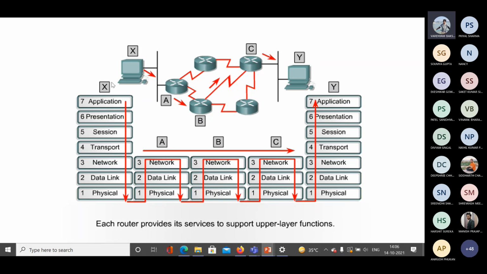So the packet from X moves through all the routers. Sorry, here we can see that it is a 7-layer representation, not the 5 layers that we have talked about. This is called the OSI layer representation, which has 7 layers. In our TCP/IP that we have studied, these 2 layers are not there, that is the presentation and session layer. The presentation and session layer basically consist of functions like synchronization, error control, etc.